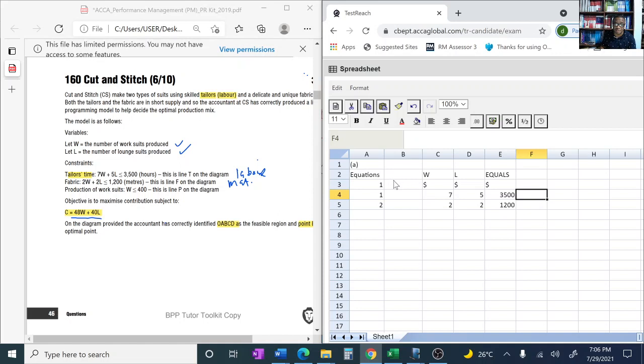Very interesting there. So just to bold this so that I don't get confused with this. So these are the two equations I have. I can call this tailor or labor. So it's up to you. So tailor or labor, and then call this fabric.